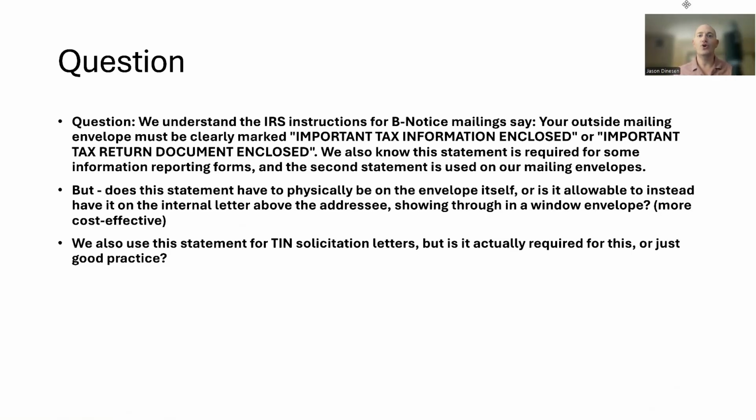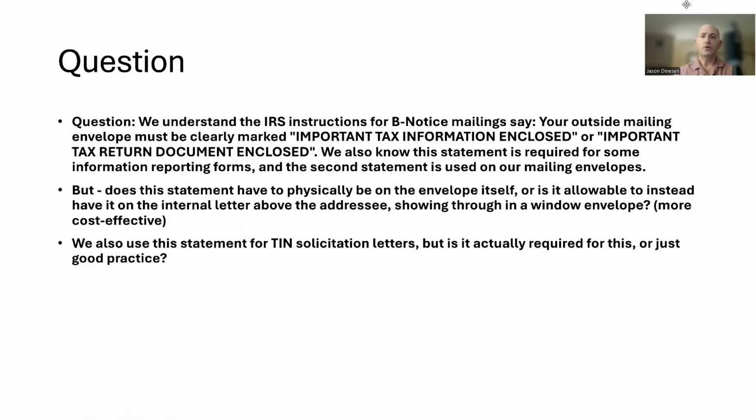This is a long question about B notices. We understand the IRS instructions for B notice mailings say your outside mailing envelope must be clearly marked important tax information enclosed or important tax return document enclosed.